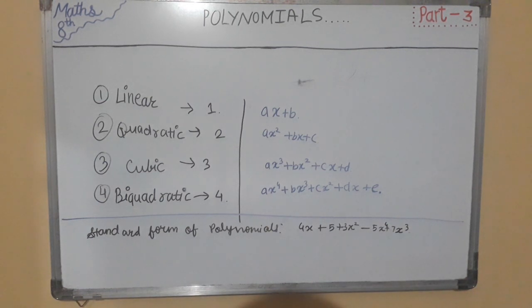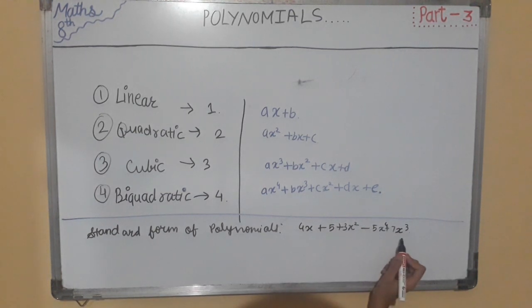Like this is given. In standard form of polynomials, every time when this type of expression is given, we have to arrange the terms in descending order, based on the variable's powers.